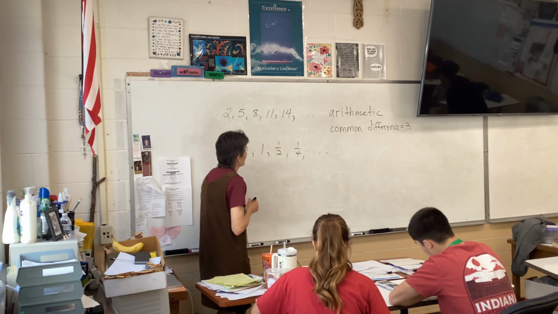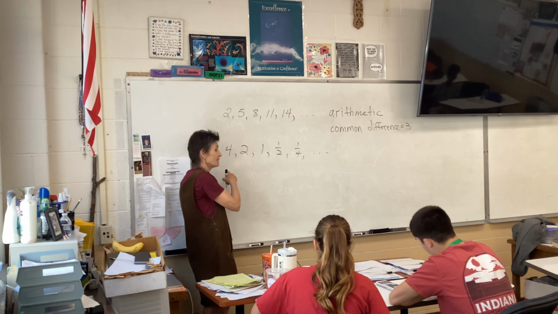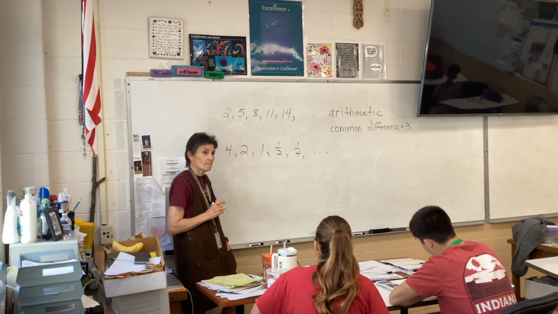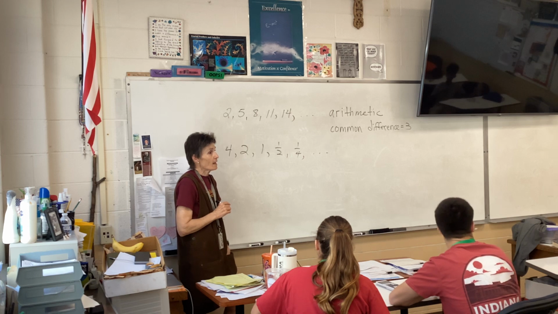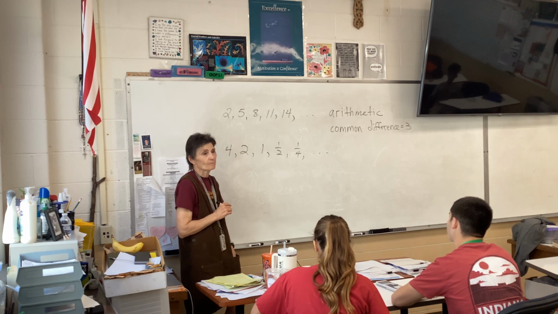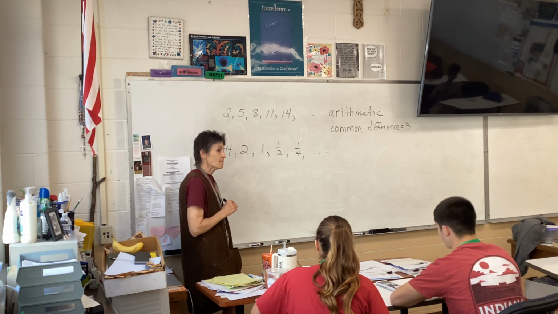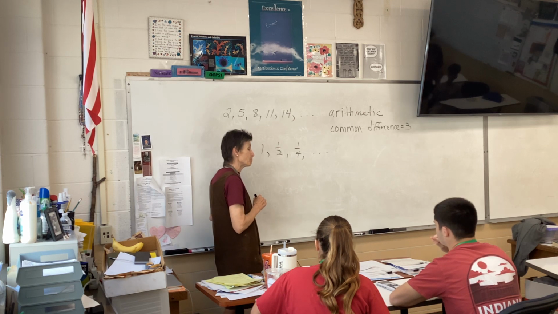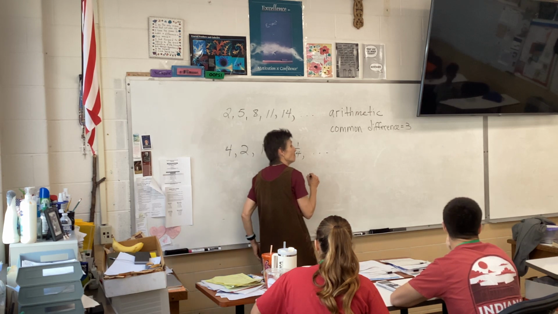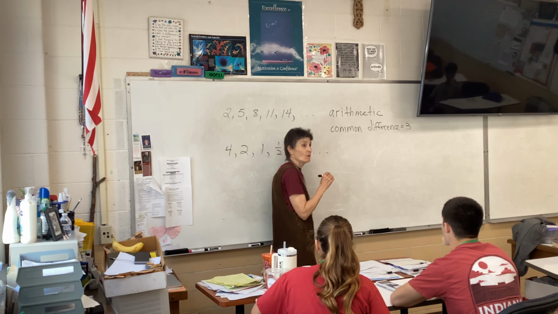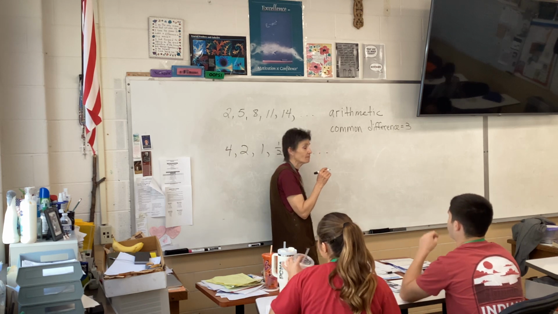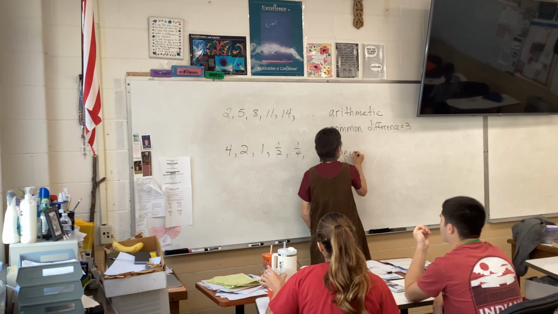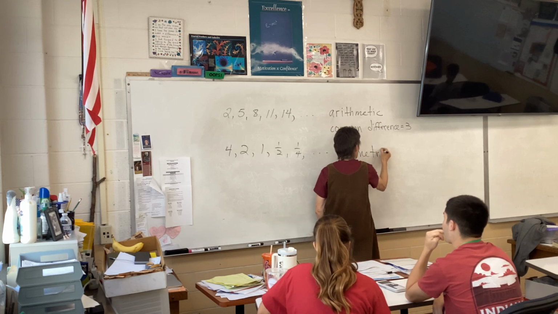Now, what about this one? Is this one arithmetic? No, it is not. What's happening here? We're dividing by 2, or we would normally think about this as multiplying by 1/2, 0.5. This kind of sequence is called geometric.